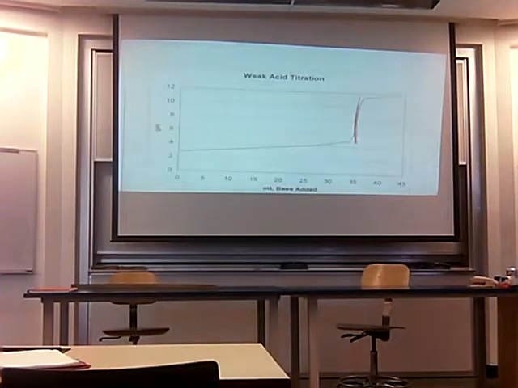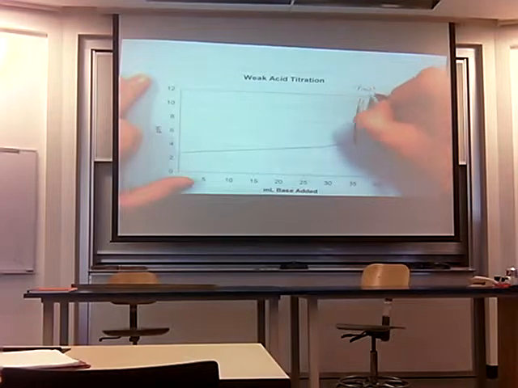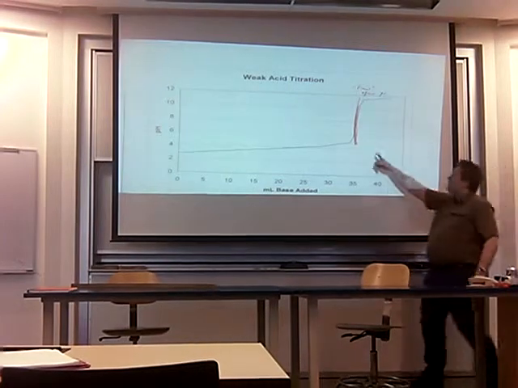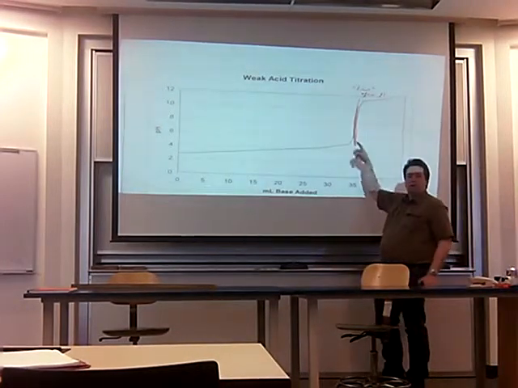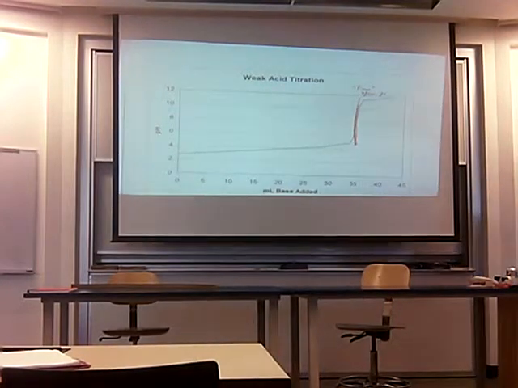So this is likely the final equivalence point. First is monoprotic, the second is di, etc. If it's monoprotic, then what do we know? Or what can we figure out?